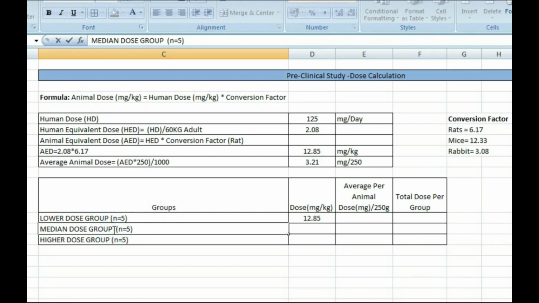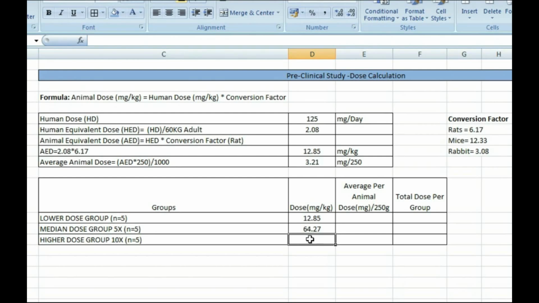So we multiply 12.85 by 5 and it will be 64.27, and the higher dose will be 10 times more, so 128 point around 5.